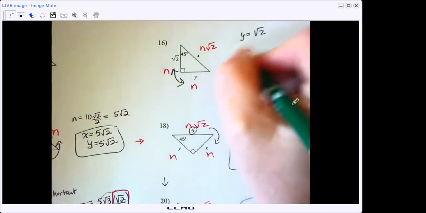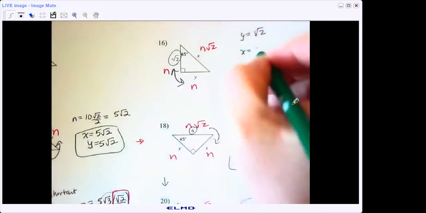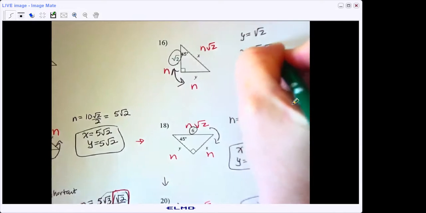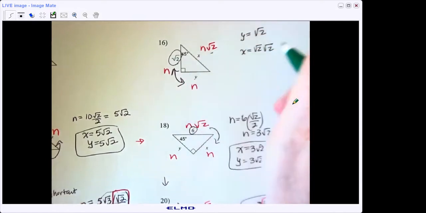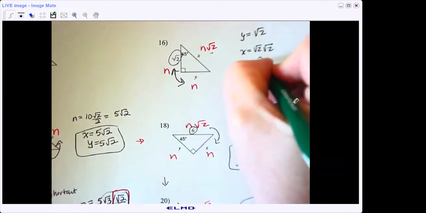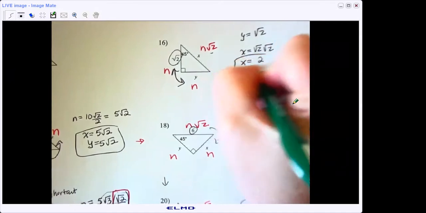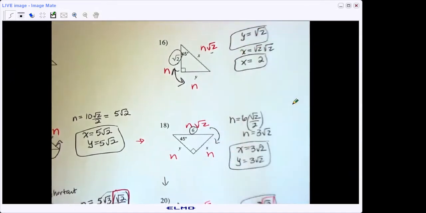Because we're going to take that root 2 and put a root 2 next to it, and 2 root 2s give me a whole 2. Good. That's it. Even though it's a little different, I'm hoping you're not thinking it's super complicated. It is a little challenging sometimes.